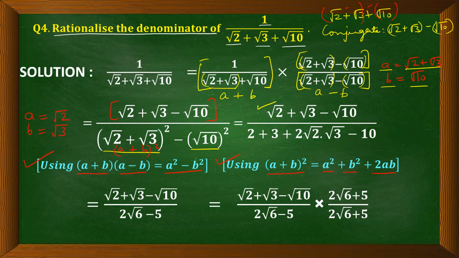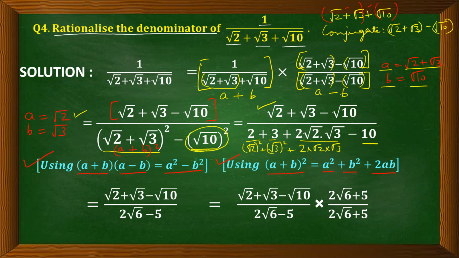So first of all A square, and what is our A? A is root 2. So root 2 whole square, which is 2. Then plus root 3 whole square, which is 3, right? And then 2 into root 2 into root 3, right? And then square of root 10, that is 10.